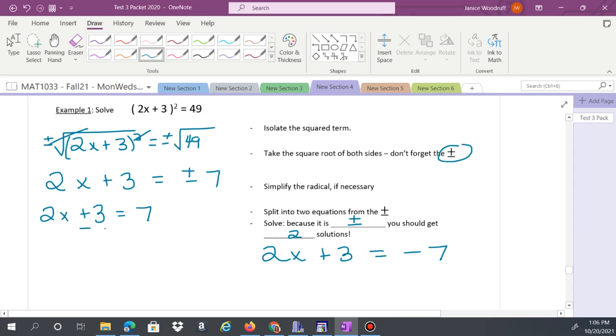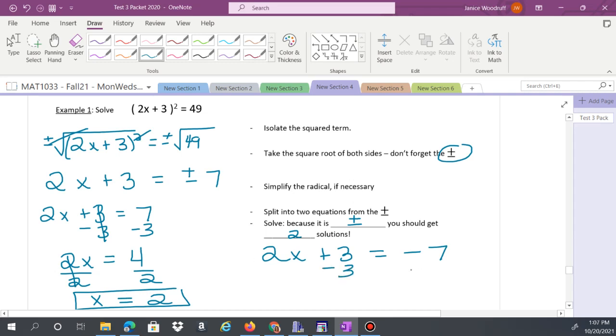For our first solution, we'll subtract a 3. We get 2x equals 7 minus 3, that'll give us 4. Then we'll divide both sides by 2, and we'll get x equals 2. But if I take a test and leave it just like that, I'm only going to get half credit. So I also have to go over here, subtract a 3.